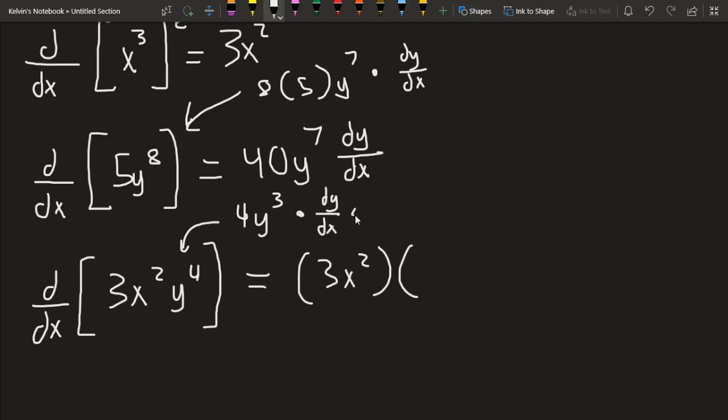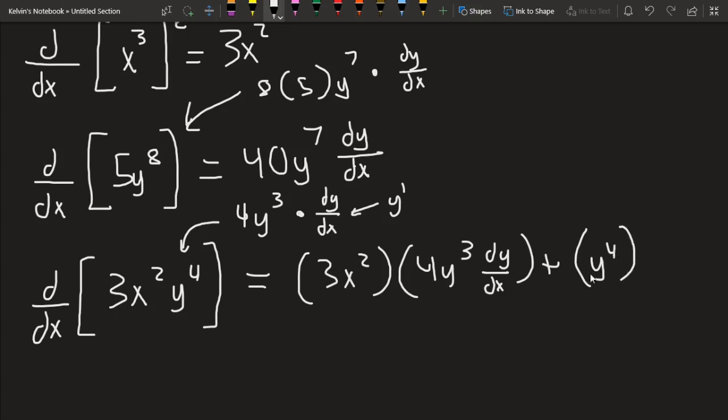Just a side note, this can actually be written as y prime, but I don't suggest you write it as y prime because you're more likely to make mistakes if you do. So let's write that in. 4y cubed dy dx. And if we use the product rule some more, we get y to the power 4 times the derivative of 3x squared, which is just equal to 6x.